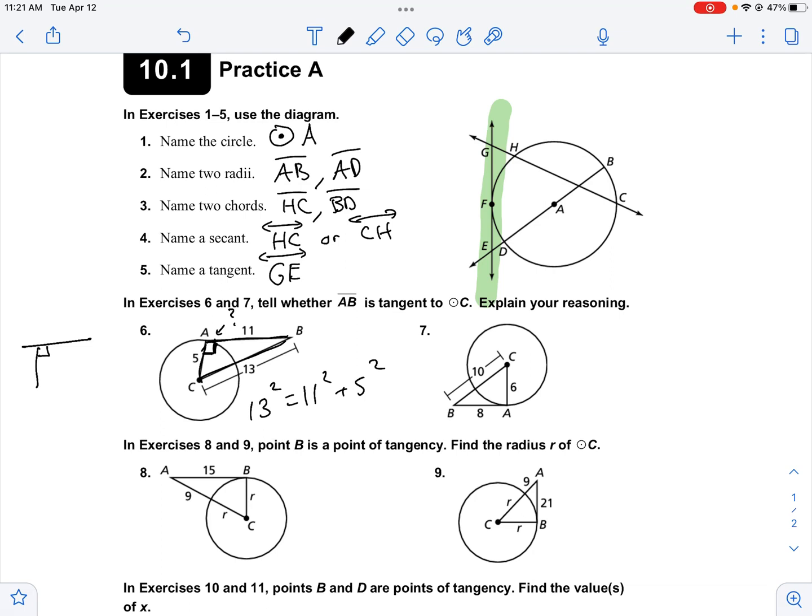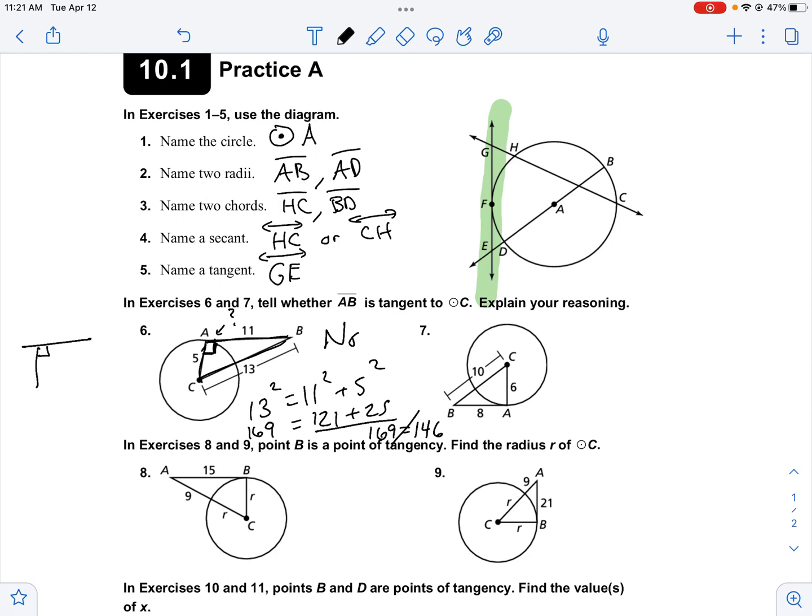Well, 13 squared is 169. 11 squared is 121, and 5 squared is 25. I can combine these two numbers, and I get that 169 equals 146. Well, that isn't true. So our answer is no.